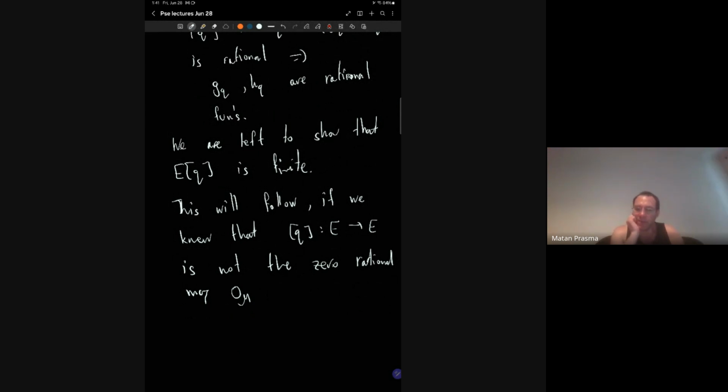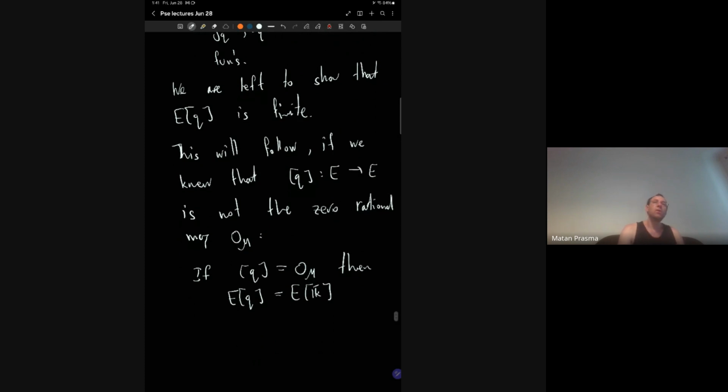So, as you said, if a_Q is the zero map, then clearly E[Q] is equal to E of K bar. And then it's never finite, right? E of Q bar is never finite.